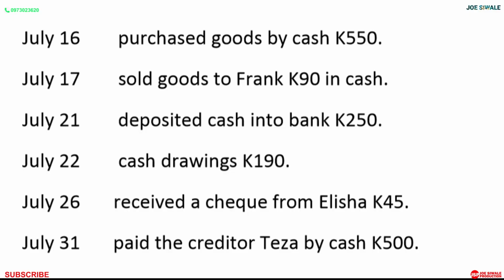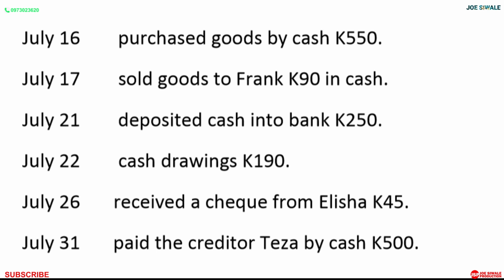Then on the 22nd of July, cash drawings amounting to 190 kwacha. And drawings, you know, that is taking money out of the business for personal use. And since money is taken for personal use, that means that money is going out of the business, and that means that that type of transaction must be recorded on the credit side.